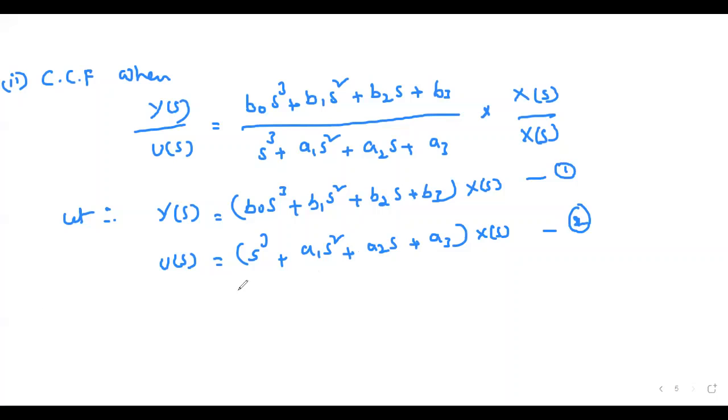From equation 2, what we can write is the state variables, we need to write in terms of state variables and inputs u of s. So I will rewrite equation 2. Then u of s is equal to a3 s3 x of s.